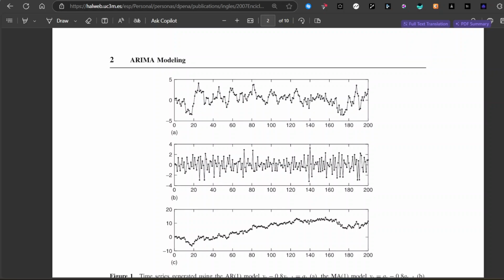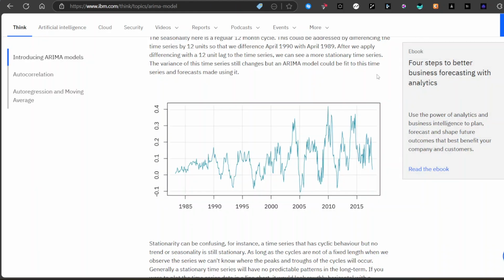market analysis. Now, beginning with the basics of ARIMA, at its core, ARIMA stands for autoregressive integrated moving average. Each component plays a distinct role in analyzing time series data.